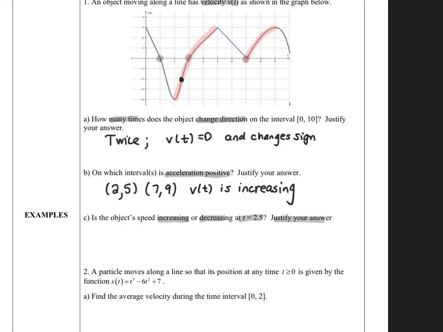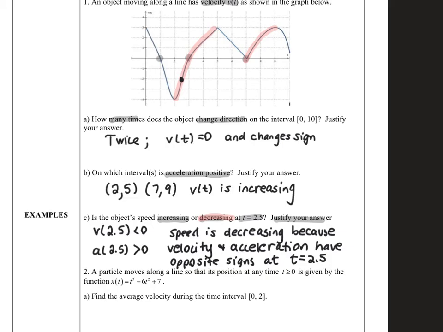At this point of 2.5, my velocity is negative because I'm below the x-axis, but my acceleration is positive because velocity is increasing. What we said previously was if velocity and acceleration are opposite in sign, that means we have an interval of decreasing speed. My speed is decreasing because velocity and acceleration have opposite signs at my point in question at 2.5.